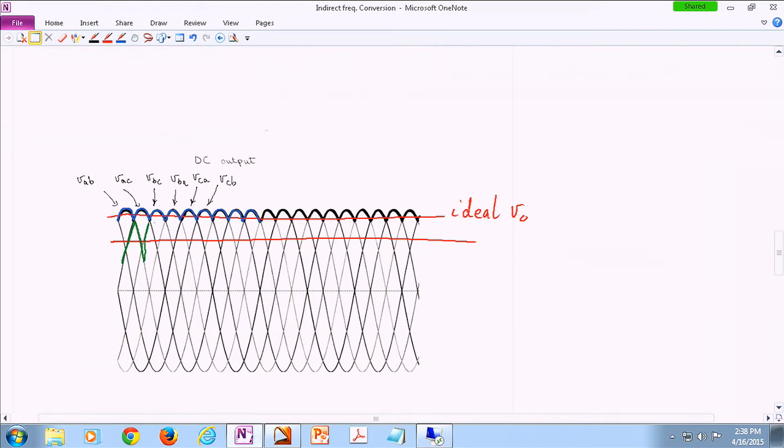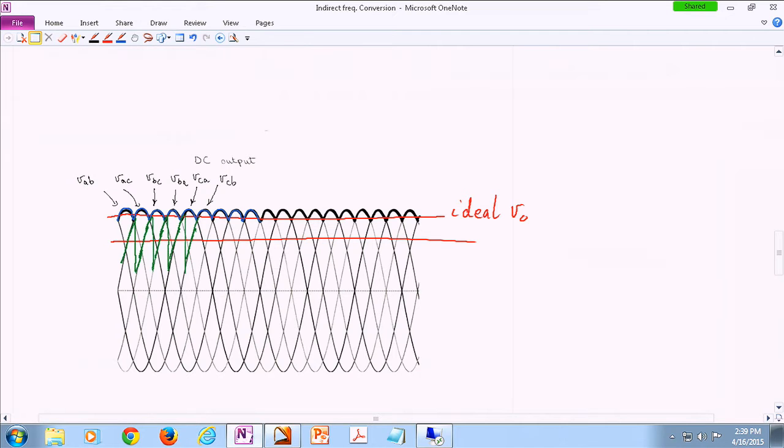Let me see if I can do it more reasonably. All right, let's follow this and follow this. And then we have to jump from one to the other. All right, something like this.